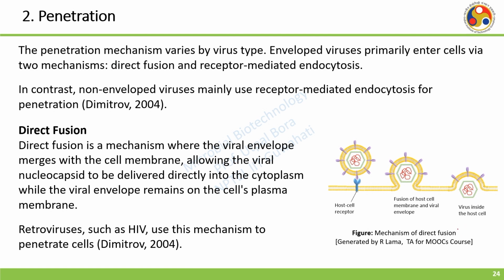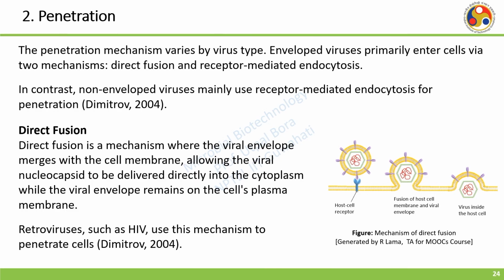So, here you can see the mechanism of direct fusion, where there is a host cell receptor and the fusion of the host cell membrane and viral envelope taking place soon after this attachment through the receptor, and the virus is thereby internalized subsequently.